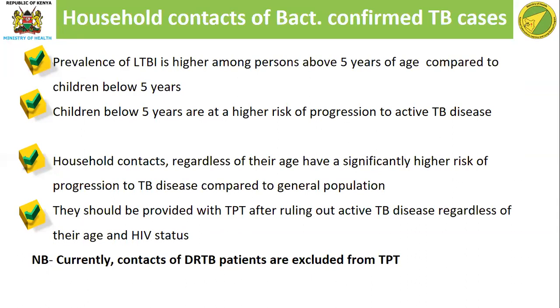The PMDT team that handles DRTB patients advised that we first of all reserve the use of levo among this group of people. So maybe years later, we'll have them included. I know some countries are already using levo for the contacts of DRTB. But for us, we'll continue with the normal screening that we've been doing for our DRTB contacts.